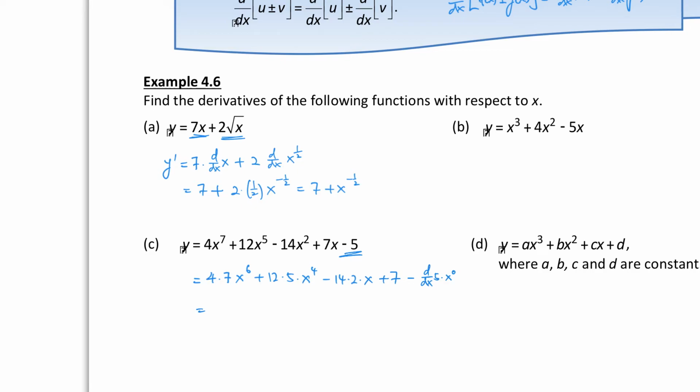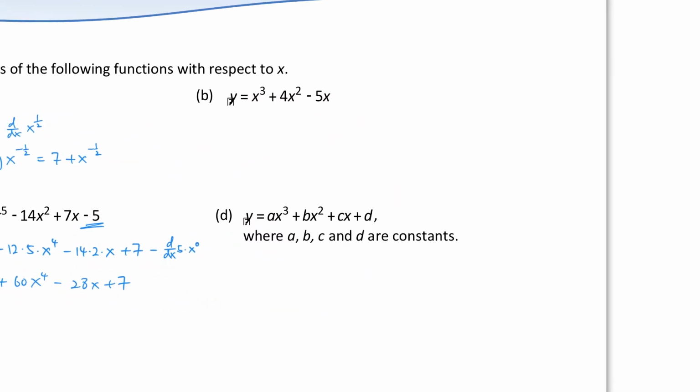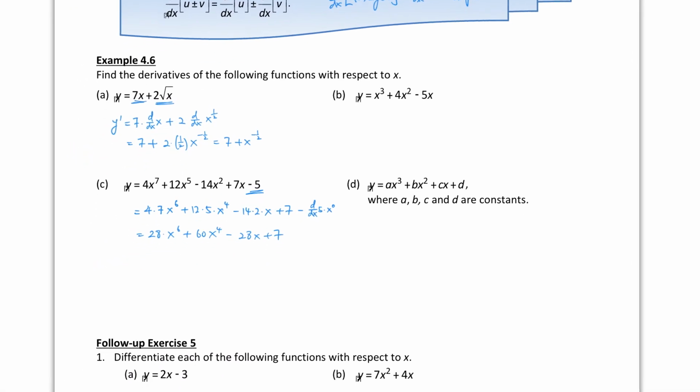So the answer is equal to 28 times x to the power 6 plus 60 times x to the power 4 minus 28x plus 7. You can do part B and part D, and we can check the answer during our lesson.